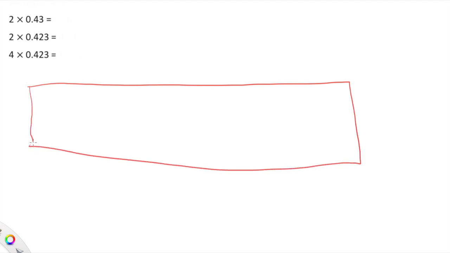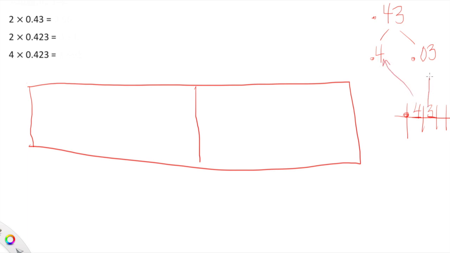We are going to not judge Mrs. Calamaris for that shaky rectangle, but we are going to decompose the number, meaning we are going to break this number, 43 hundredths, up into 4 tenths and 3 hundredths. If we were to put that on a place value chart really quickly, we could see that 43 hundredths consists of 4 tenths and 3 hundredths.